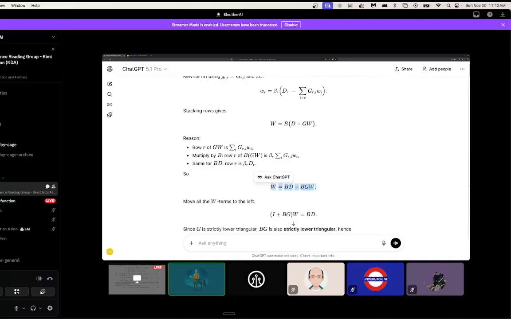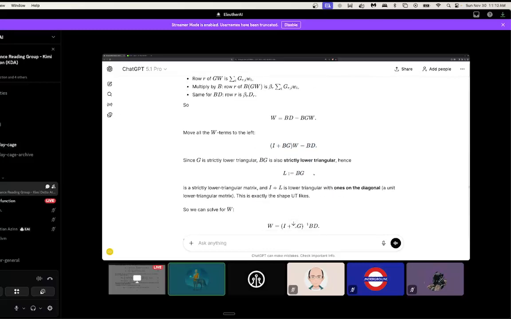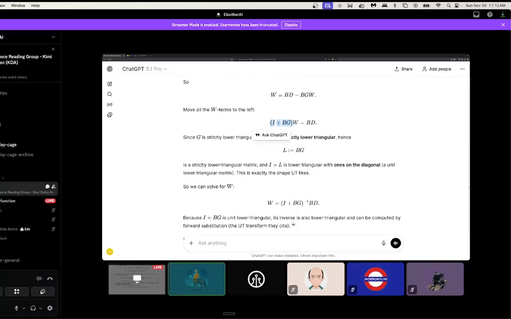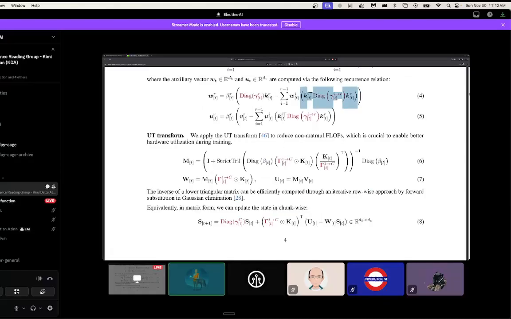Then take all the W terms together, factor out the W, and we get this. And then we just take the inverse here. And remember, this is lower triangular, so the inverse is inexpensive to compute using Gaussian elimination. So finally, we get W in this format, and that is exactly this.